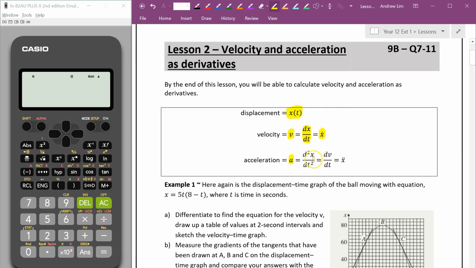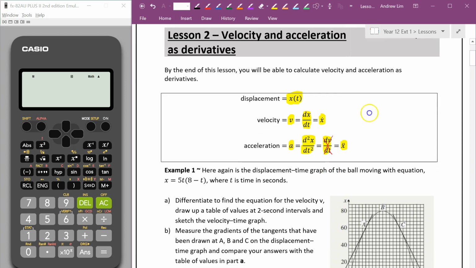Acceleration is the second derivative, so d²x/dt². Or we can say it's the first derivative of velocity, so dv/dt, or x double dot. I will not usually use dv/dt, but I'll usually use the rest.